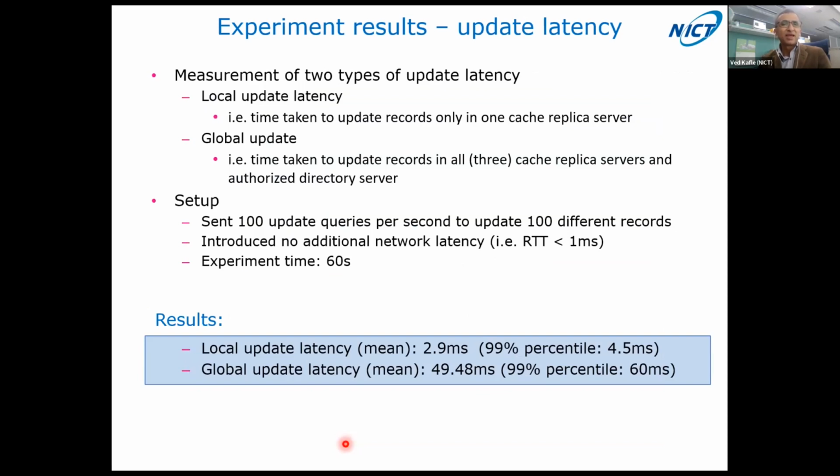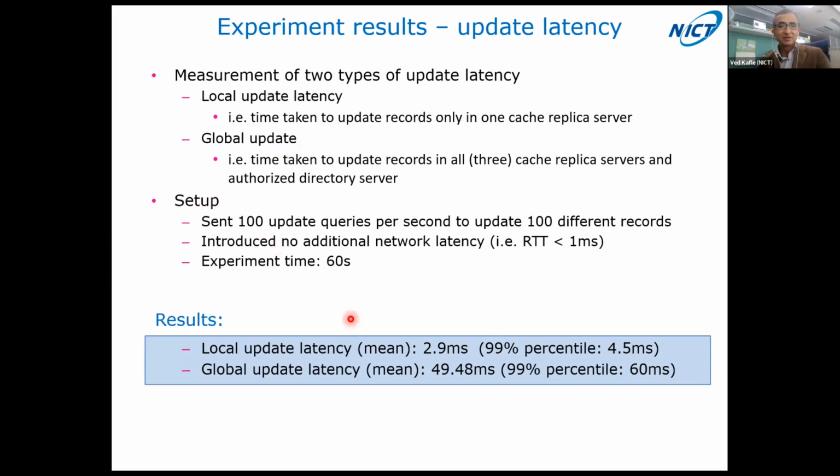So we have also measured local update latency and global update latency. The previous was about lookup latency, and now we are considering the latency required to update the record, because we are considering dynamic IoT devices whose records may change at any time.